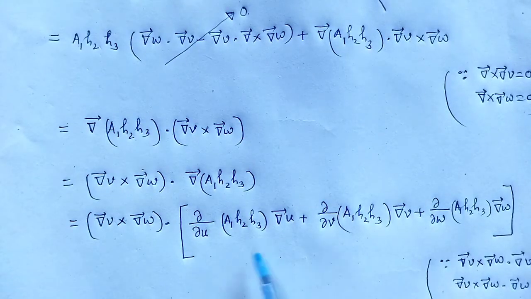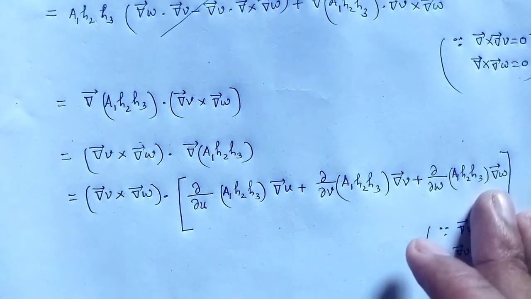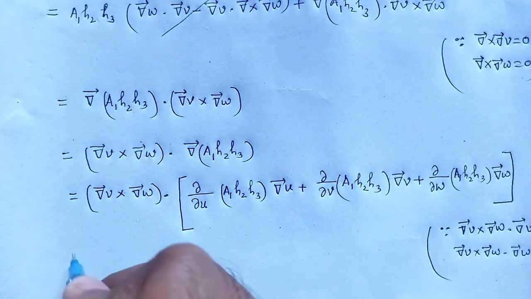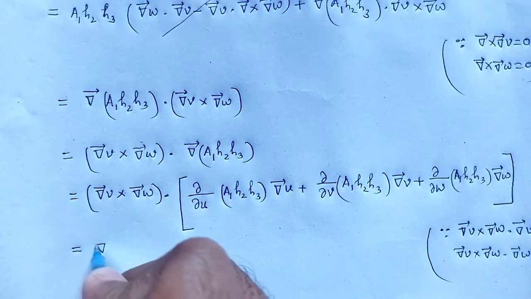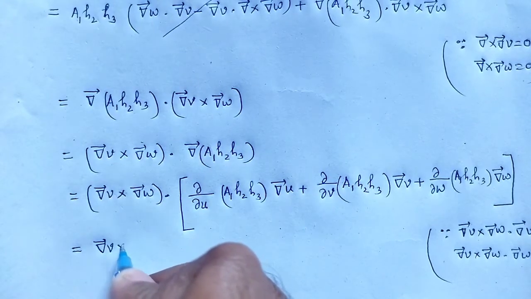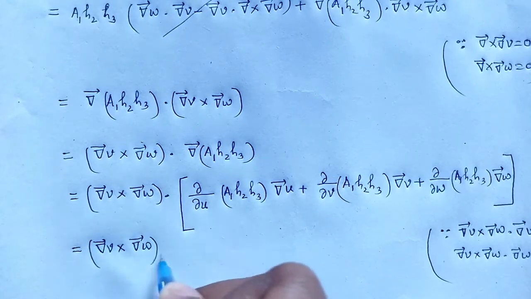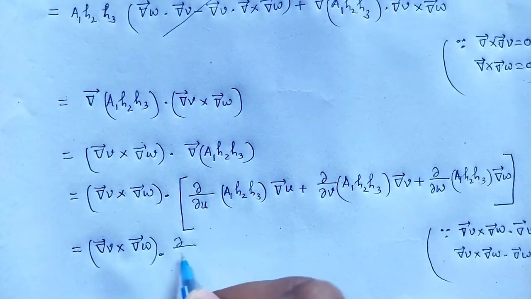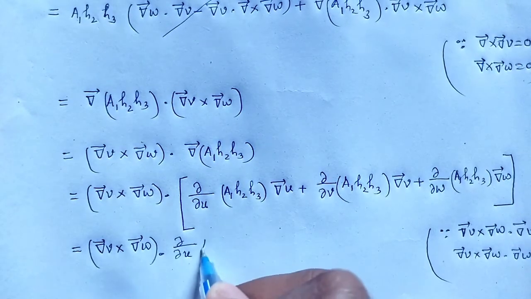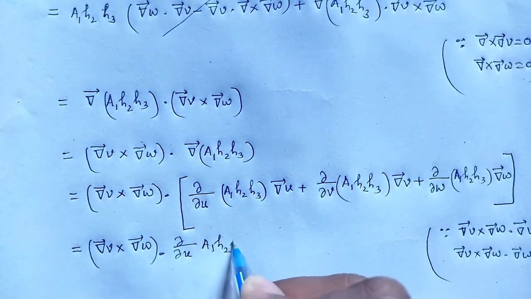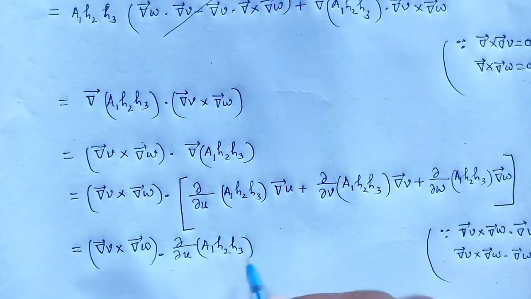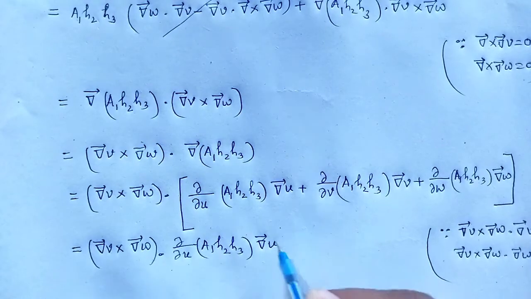That's why only the first term exists. So I can write grad V cross grad W dot del by del U of A1 S2 S3 grad U.